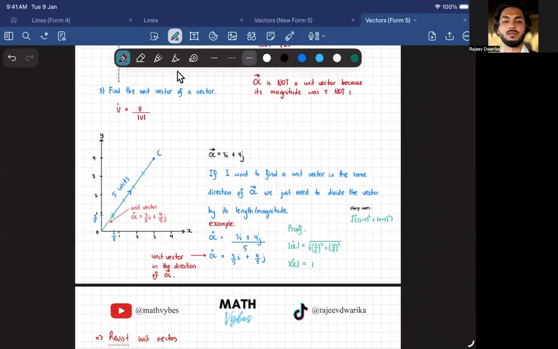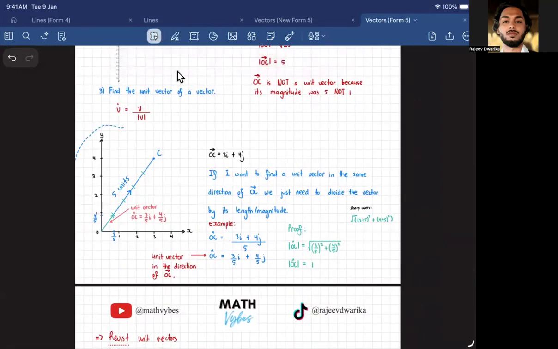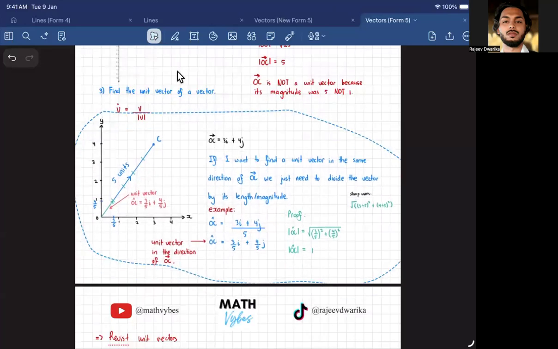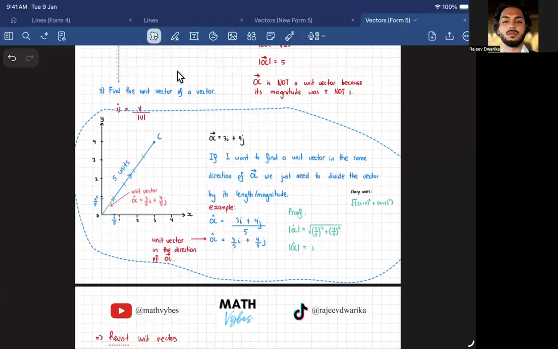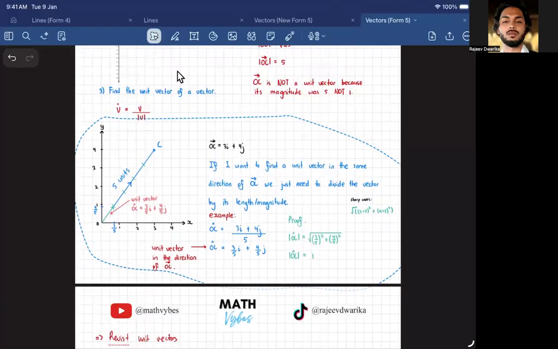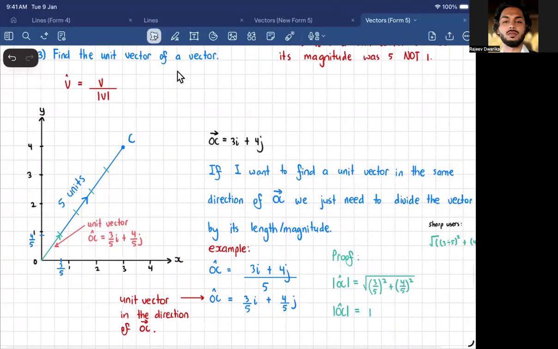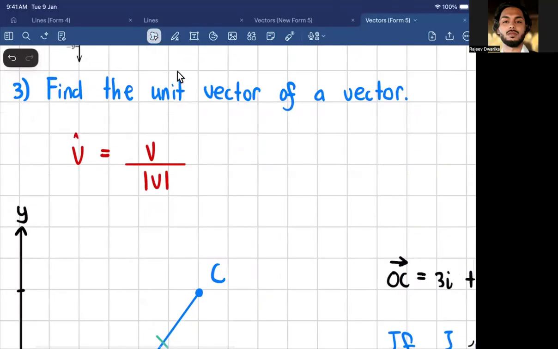Great. Again, I really don't want to confuse anybody, but I understand that it's very easy to get confused. All right. So, Ria, this is the formula to find a unit vector, right? Whatever the vector is, top hat, the vector divided by the magnitude of the vector.